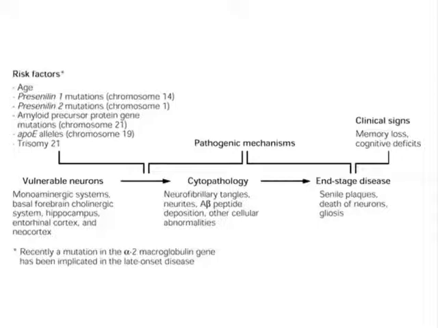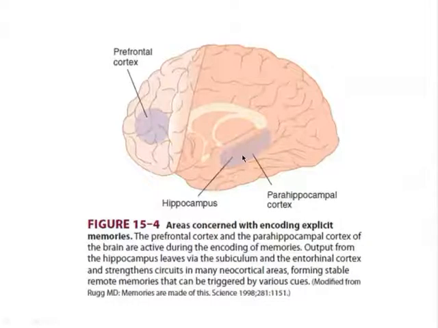So here is the hippocampus, and here is the parahippocampus, entorhinal cortex. When we first store information here, if the information is stored here, then short-term memory will be converted into long-term memory. Am I clear?